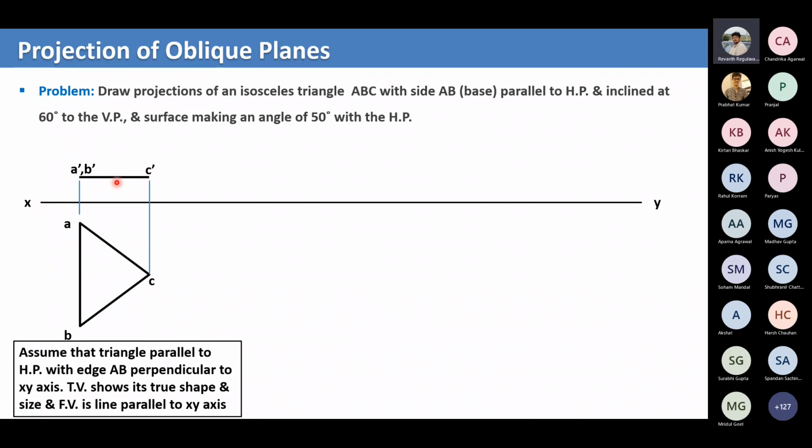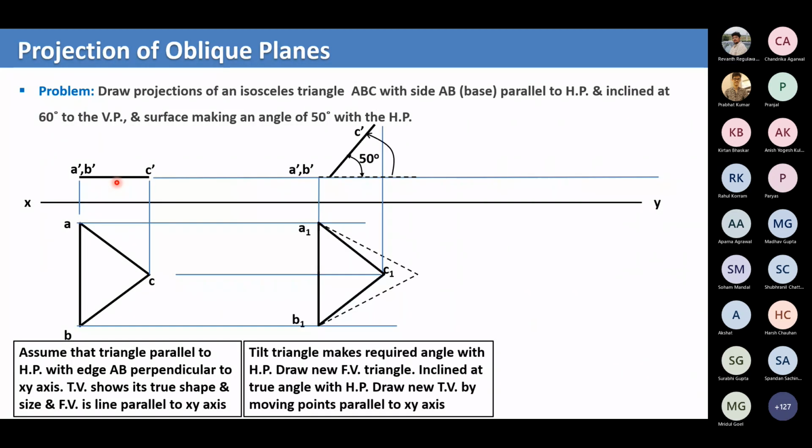So now in the very next step, what we do is we start taking the angles. So there is this surface making an angle of 50 degrees. So what does this mean? So this is the line representation of the surface. So that is the reason why this 50 degrees angle we are inclining here.